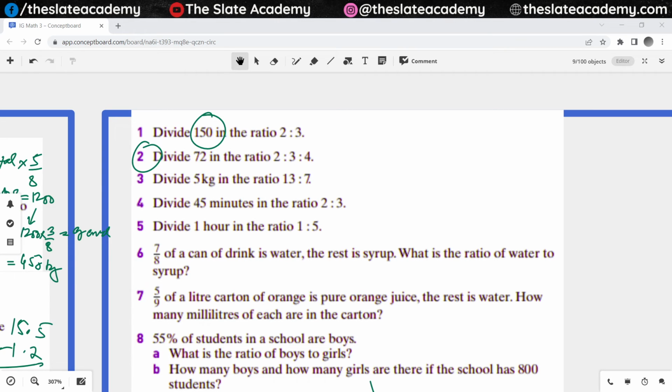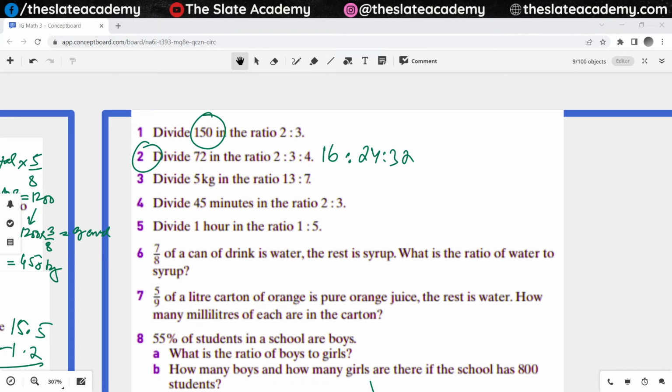Miss Anam, what's your answer? 16, 24 and 32. Acha ji.